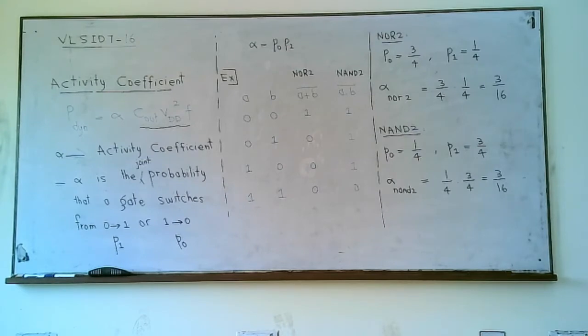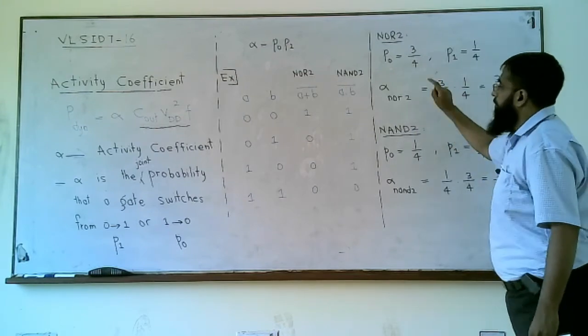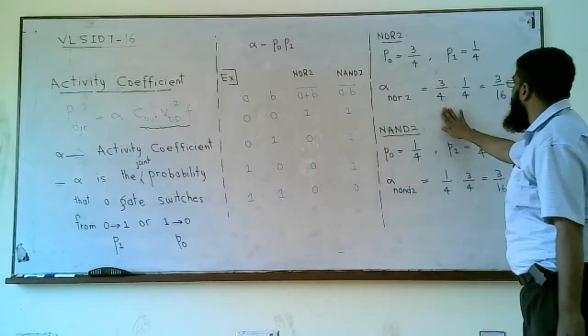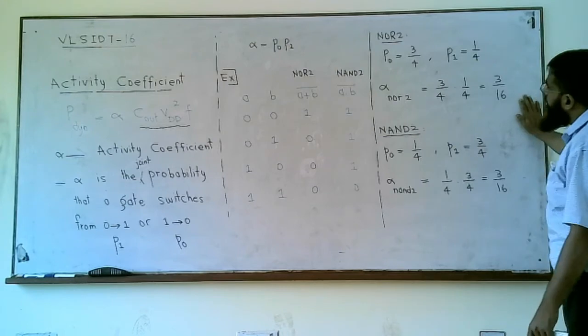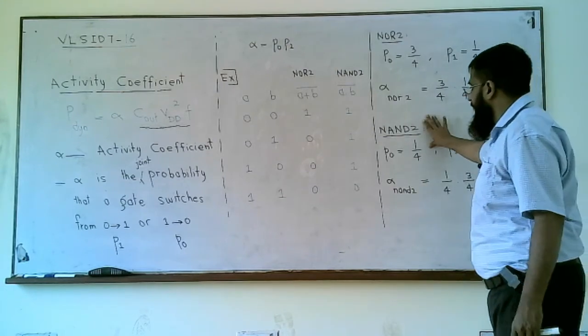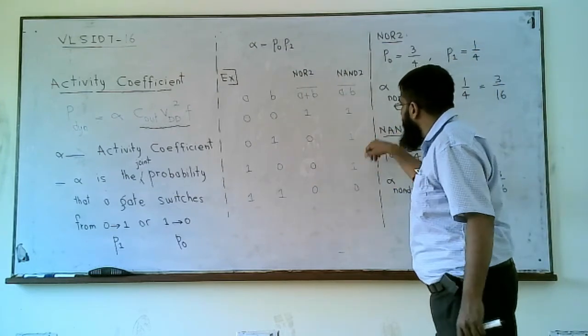Right, so it's very simple, and alpha for NOR 2 is 3 over 4 times 1 over 4, because it is the product P0 times P1. So 3 over 4 times 1 over 4 is 3 over 16. A similar analysis can be performed for NAND 2, where out of 4 options, 3 of them are 1.